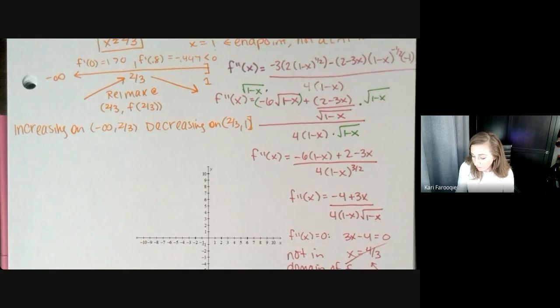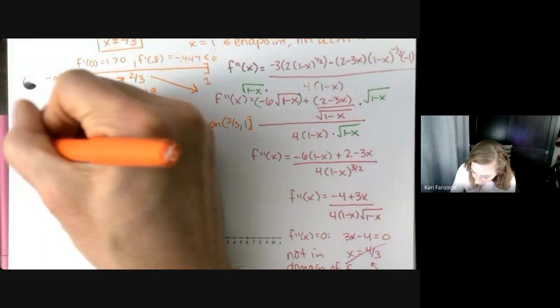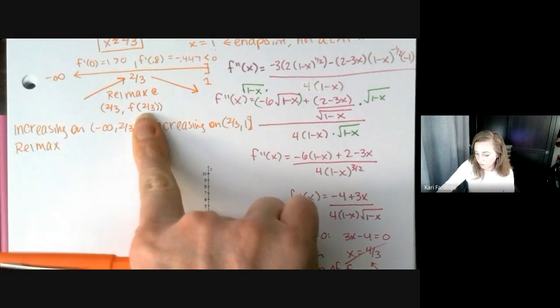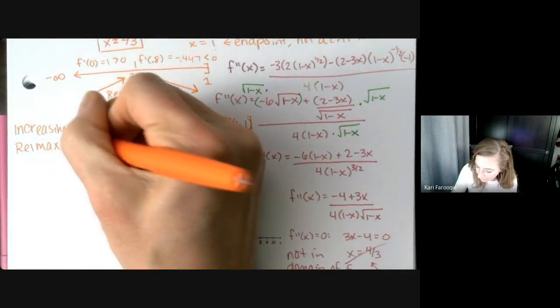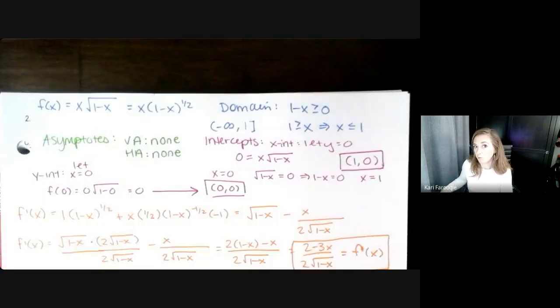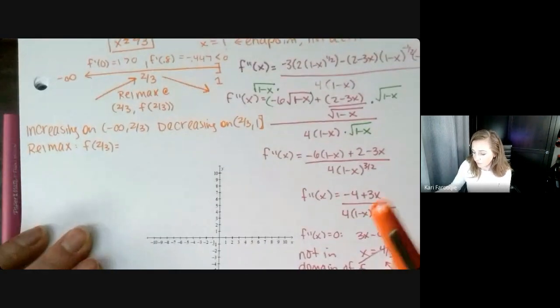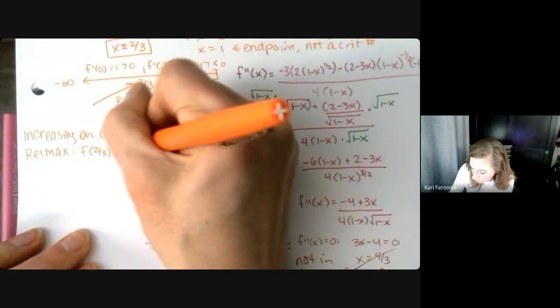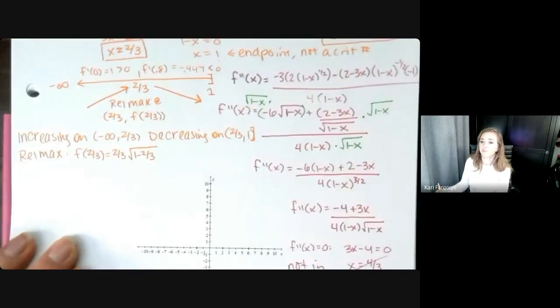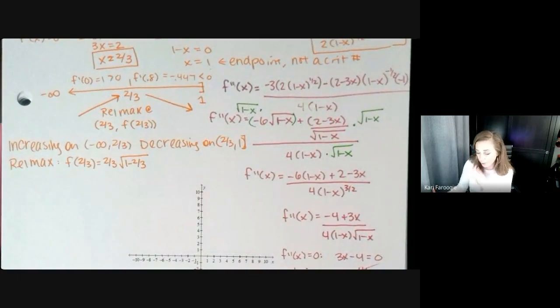All right, so we have that, and then we have the relative max. Let's go ahead and find that corresponding y value, f of 2/3. So f of 2/3 is equal to, well, your function is x times the square root of 1 minus x. So it's going to be 2/3 times the square root of 1 minus 2/3. And we'll get a value here for this.